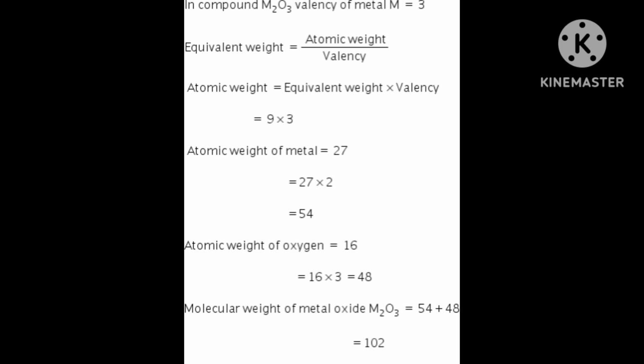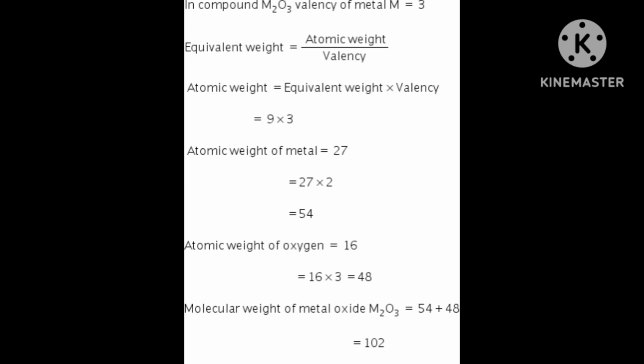Then 1 Faraday deposits 1 gram equivalent weight of the substance. Remember, 1 Faraday means 96,500 coulombs deposit 1 gram equivalent of the substance.